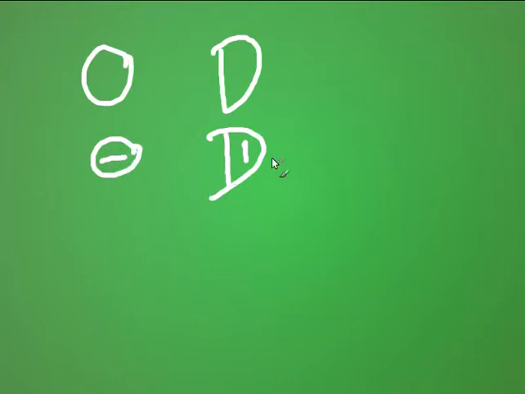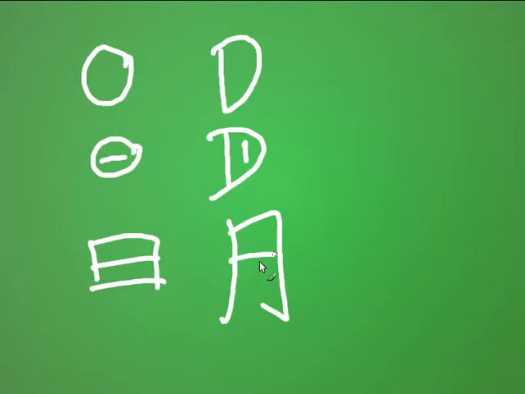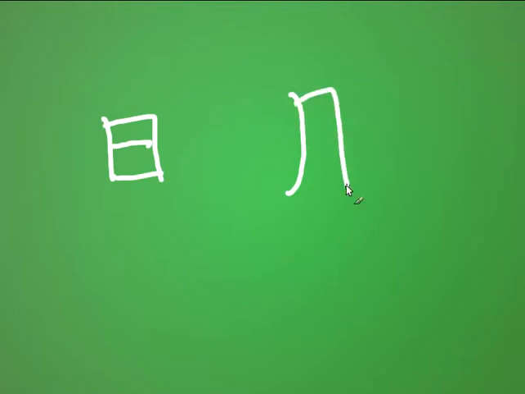And these characters generally retained their form until modern characters were written with straight lines instead of circles and such, when they started to look like this. So the modern character for sun and moon look like this.